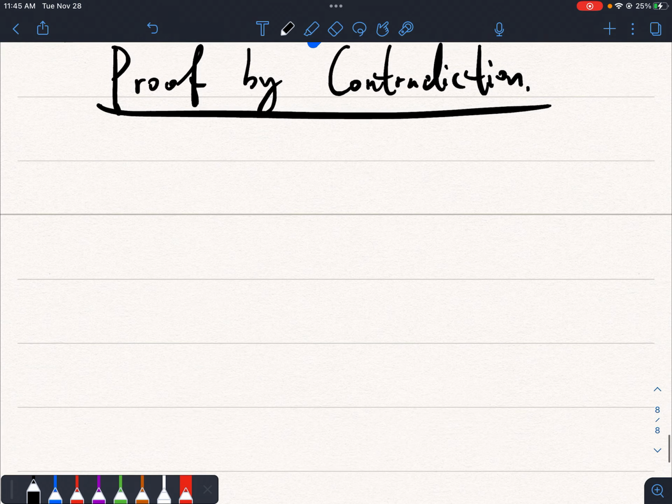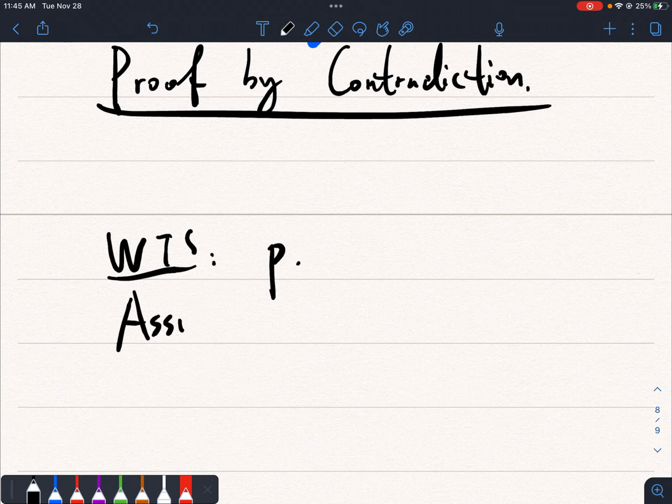So let's take a look. In order to show that P is true, what you can show is that P cannot be false. You can indicate at the beginning that you are proving by contradiction.